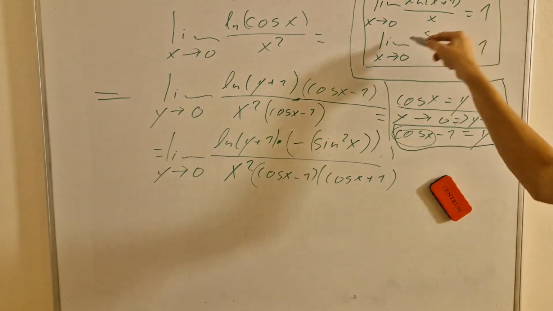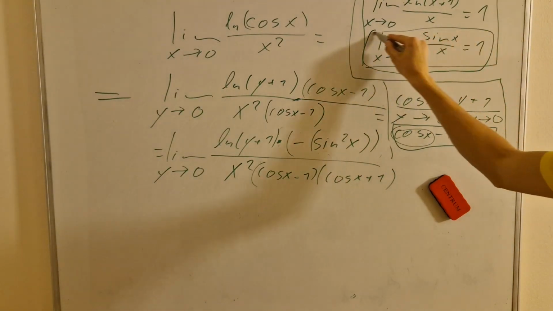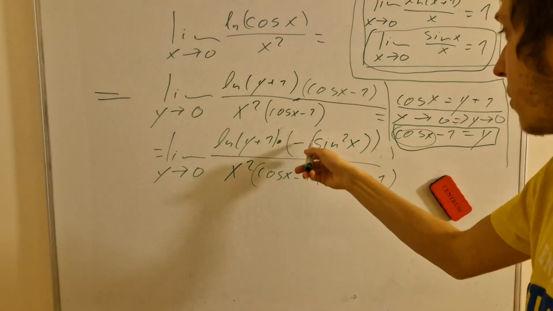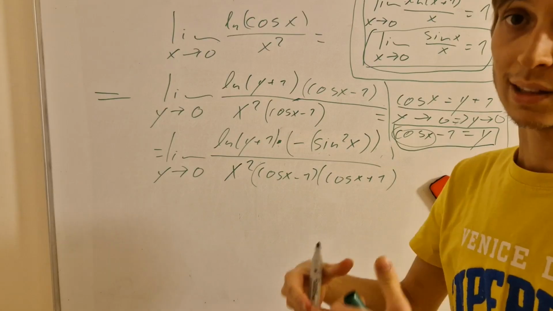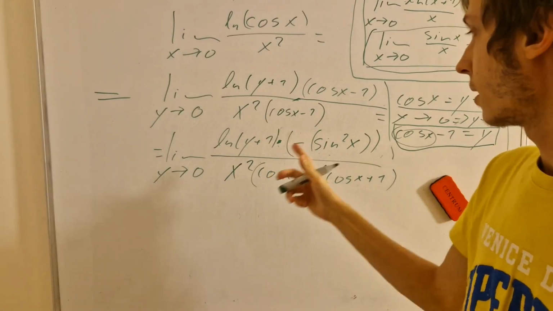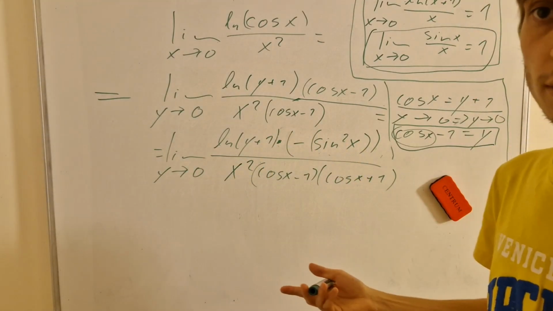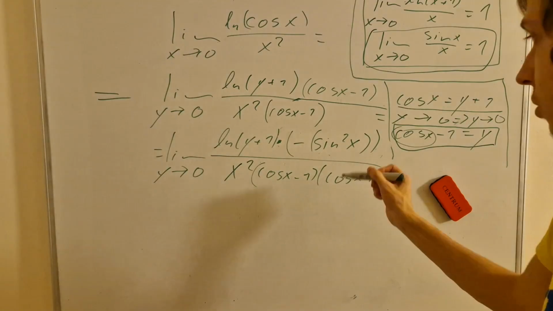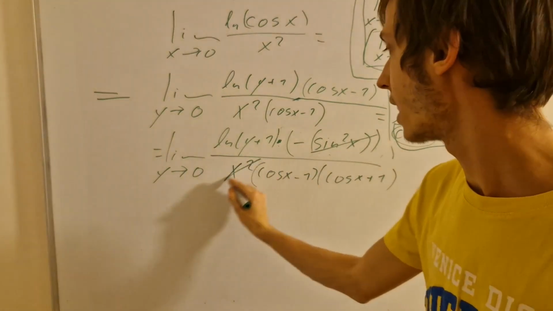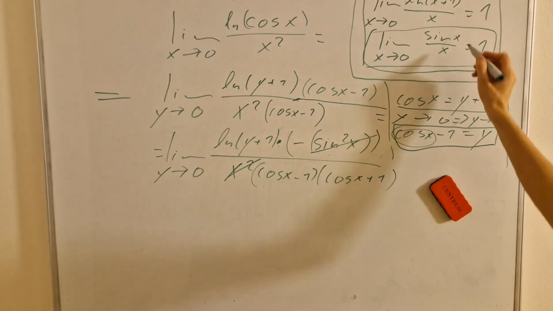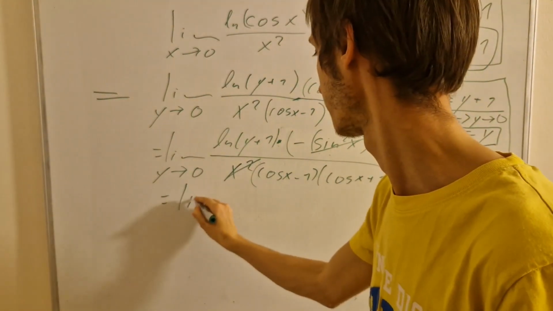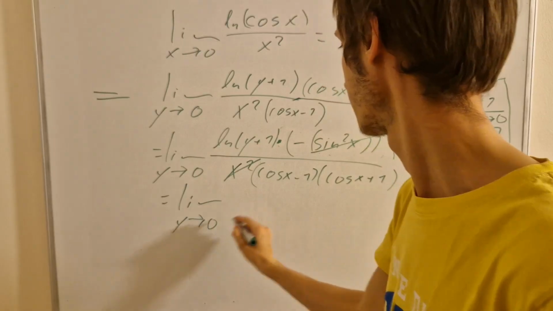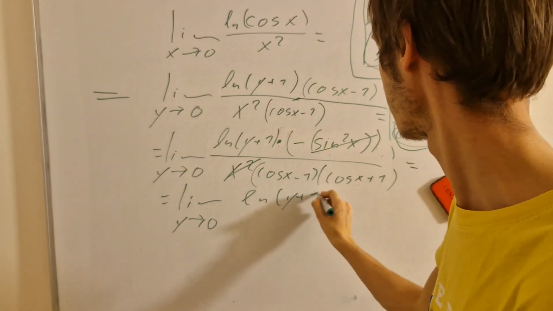So we can make use of this famous limit. Sine x over x, we can spot it here, sine squared x over x squared. It's like sine x over x, limit 1, and to the second power is 1 squared, so also 1. So this thing can be eliminated out of the expression using this. So now we have this left.